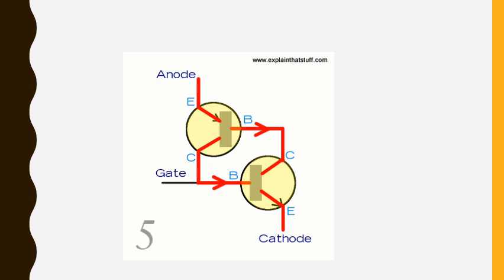So once you make your SCR in the on condition, the current flows from anode to cathode. Okay, so the path is anode to this and here and here. So when this shows here a 5, you will be having the current flowing through cathode. So this is how the anode to cathode current flows in a SCR.